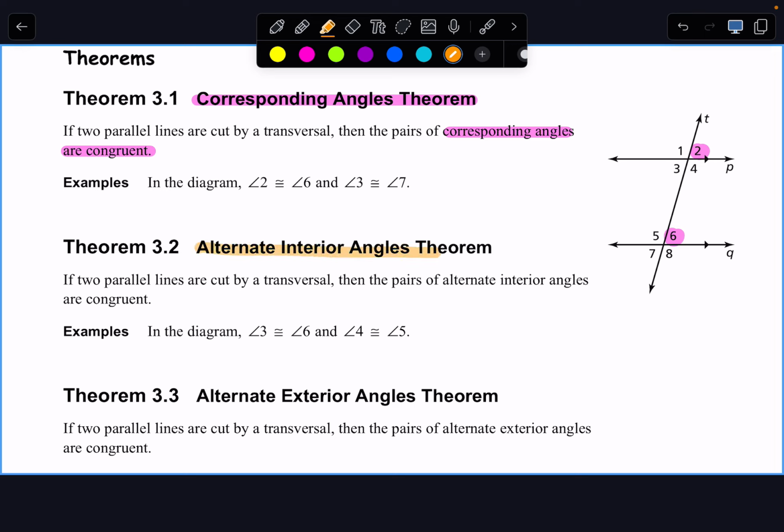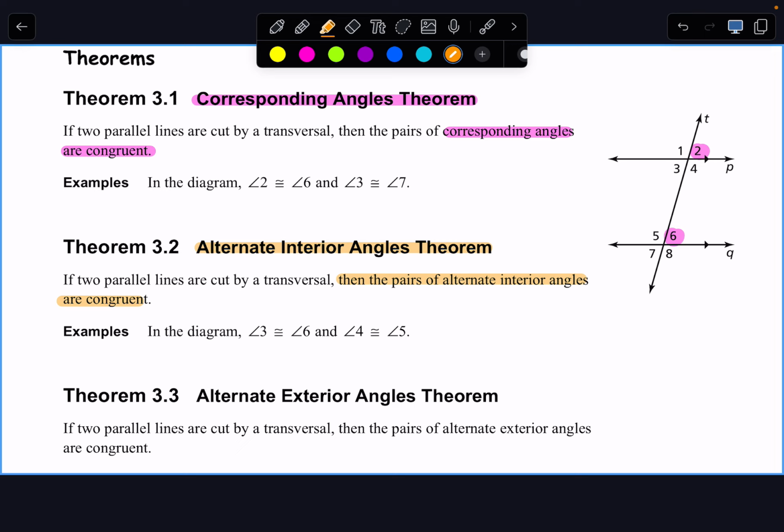Next, we have alternate interior angles. If we have a set of parallel lines cut by a transversal, then the pairs of alternate interior angles are congruent.